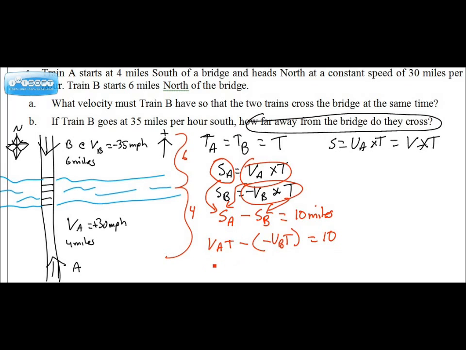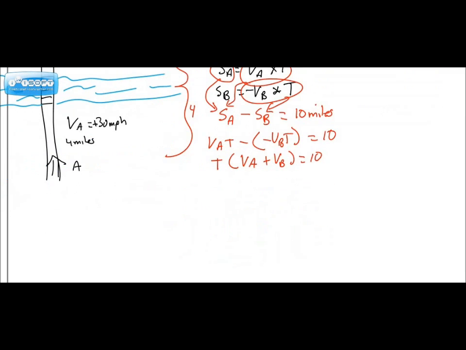I'm going to factor my t's out. I am going to have t times VA minus minus, so plus VB, equals 10. We're solving for t. T equals 10 divided by VA plus VB, 30 plus 35.